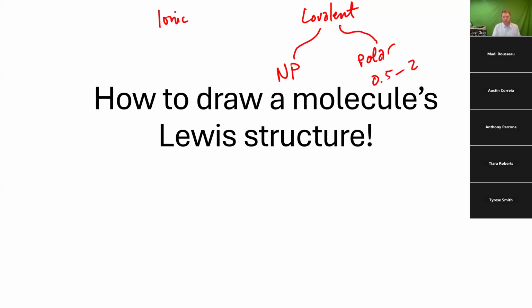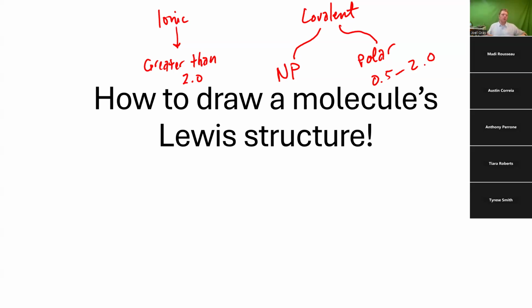And I like how you responded. It's 0.5 to 2, so that includes 0.5 and it includes 2.0. So anything with an electronegativity difference greater than 2.0 is an ionic compound. All right.